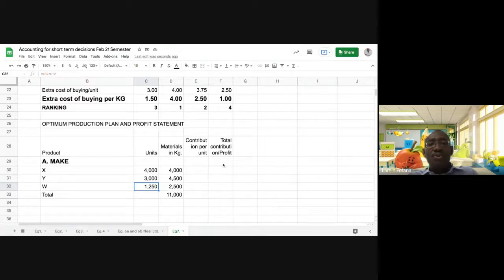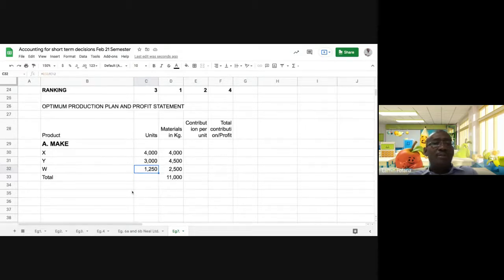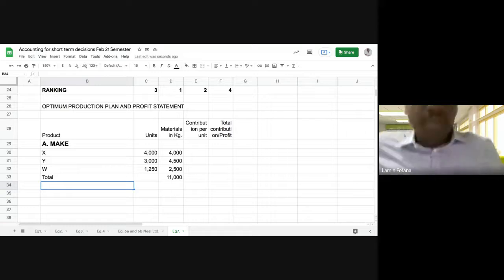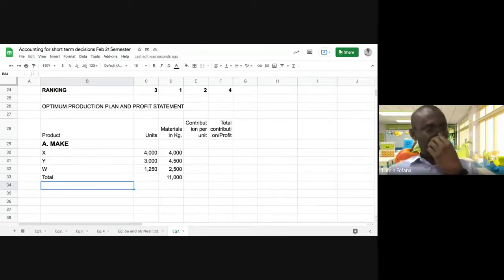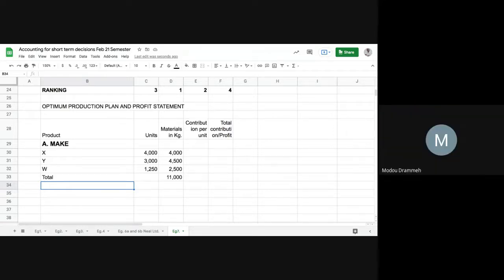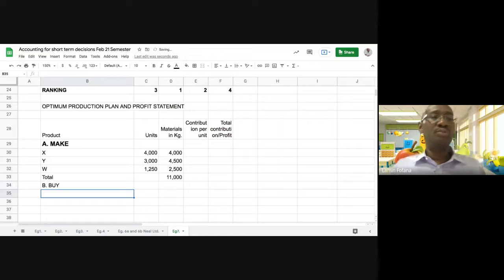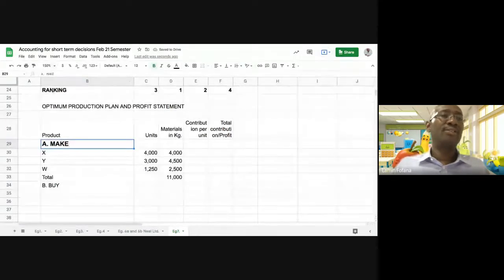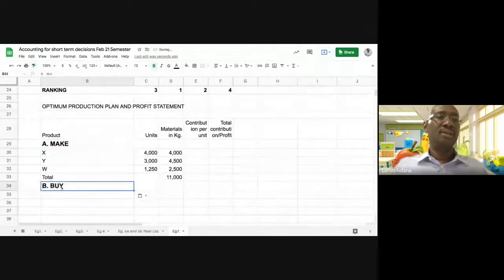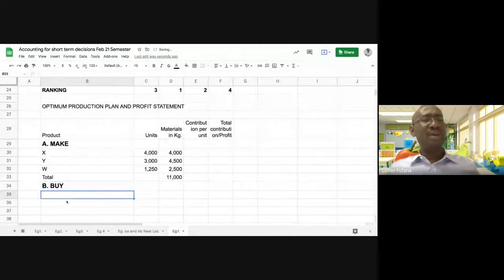But before we go to our profitability, let's complete our optimal production plan. So we've got our A has make. What is our B? Our B is buy. So this is what we're going to buy from outside suppliers. So now, which ones are we going to buy from outside suppliers?